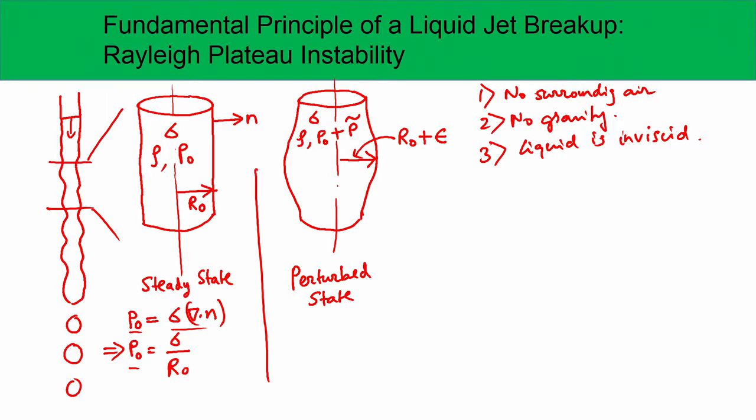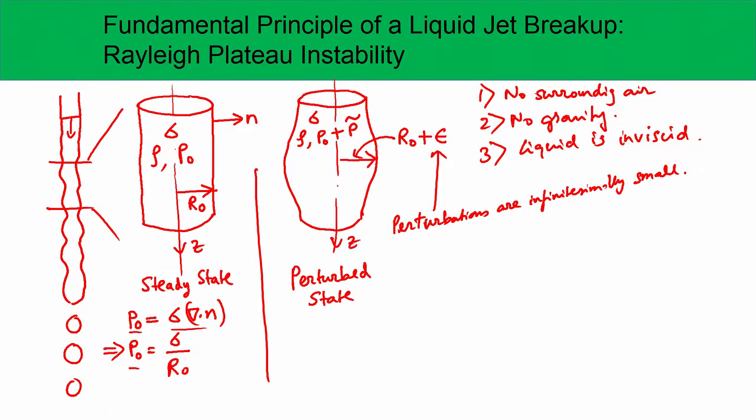Now, in this base state, if we consider small perturbations, as you see we have written it as R0 plus epsilon, where epsilon is a very small quantity. This means our perturbations are infinitesimally small, and these perturbations happen in the z direction, whereas this is r and this is z.